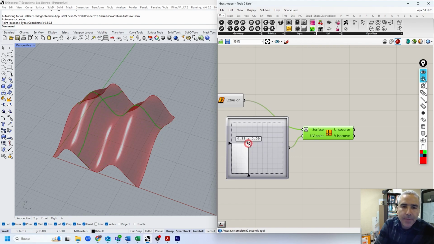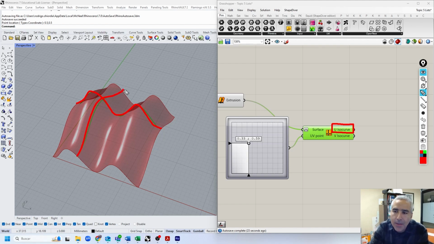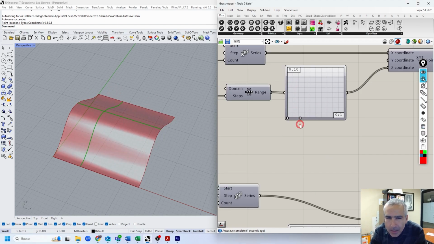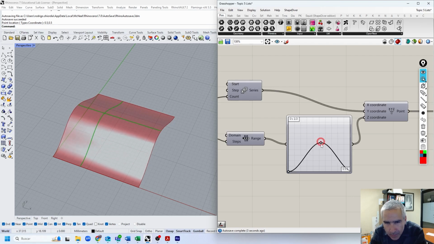What an isocurve is, is basically a curve that's along a surface, and it has the same U parameter all along that curve. What changes is the V parameter. So that'll be your U isocurve, and the V isocurve will be the other one in the other direction. Okay? And this is true for any type of surface, even if it's a flat surface like this one.